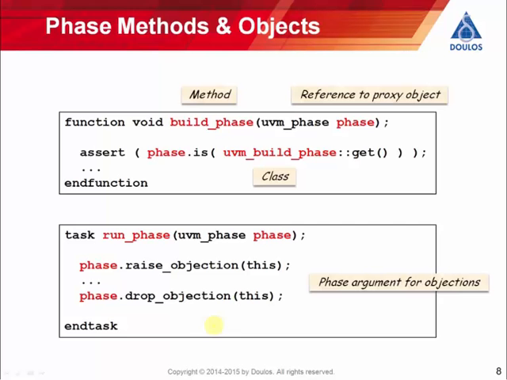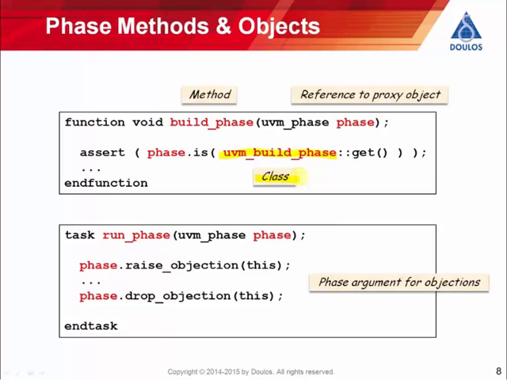Associated with each phase, we've got three things: a class, and a method, and an object. And that can be a bit confusing when you first see it. So build phase is actually a phase method, and that phase method is associated with the UVM build phase, which is actually a class.